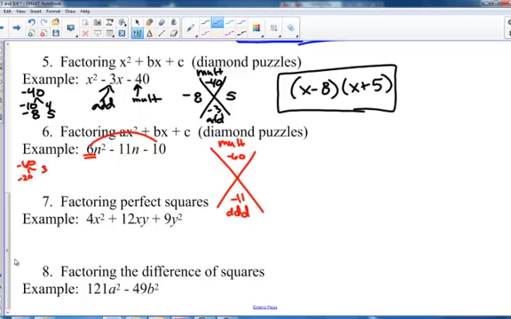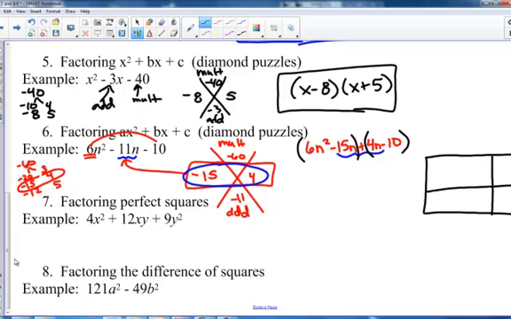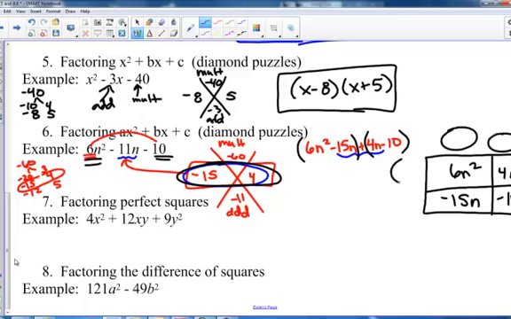Another way we could have done this is to draw the box. And we have our 6n squared and our negative 10. That comes from right here. And then our negative 15n and our 4n can be written in either of these boxes. And we're going to fill in the exteriors.